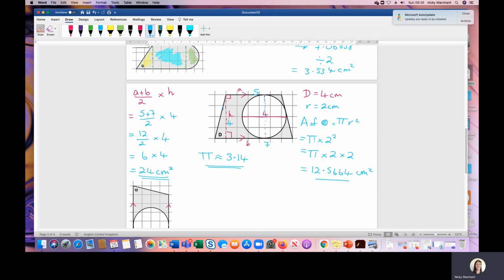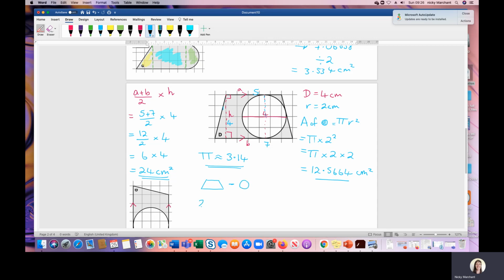Be careful here, you're not adding them this time. You want the shaded bit only, so you're having the trapezium, take away the circle. Okay, so let's just draw that on here. You're doing the trapezium in this case, and you're subtracting the circle.